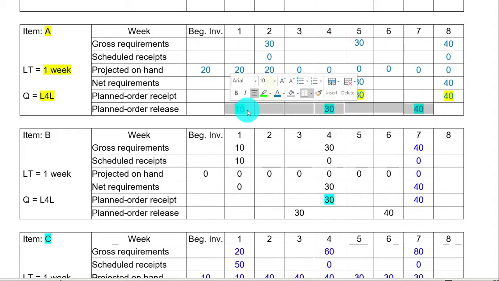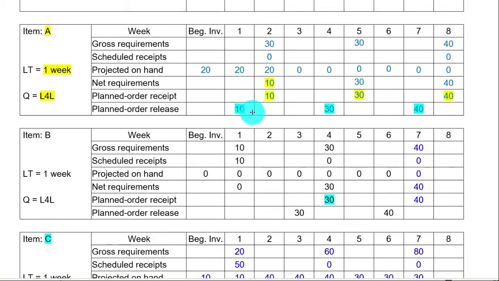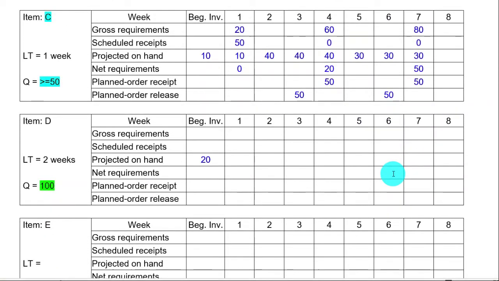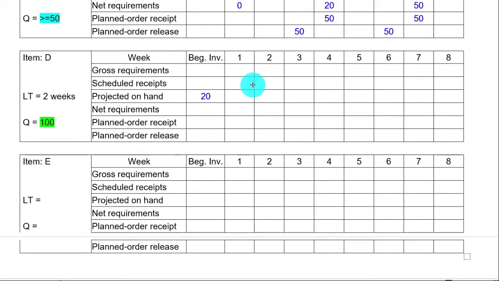So you can fill out 10, 30, 40 in week 1, 4, and 7, because they're multiplied by 1. These are from item A, planned order release.